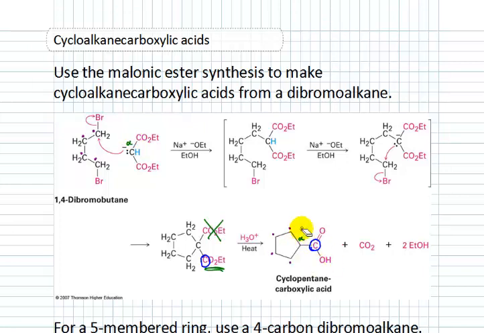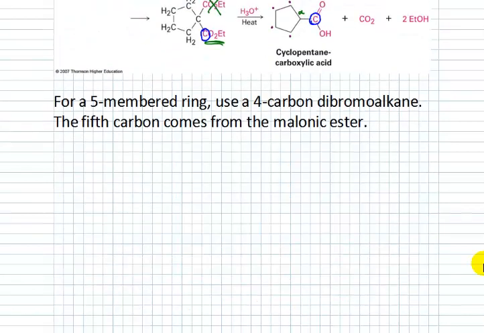We still made a substituted acetic acid, right? Here we've got our 2 carbons originally that came from our malonic ester. We now just have a ring that's attached twice to the alpha carbon. It's the same sort of deal, right?